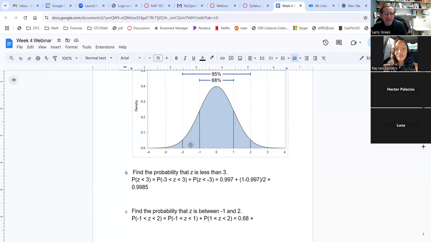If I subtract those two, I'm going to get these two pieces between -2 and -1 and between 1 and 2. There's symmetry, so I want half of that. So I'm going to take half of that subtraction. So that's going to be plus, and I'm going to subtract 0.95 minus 0.68 and divide by 2.